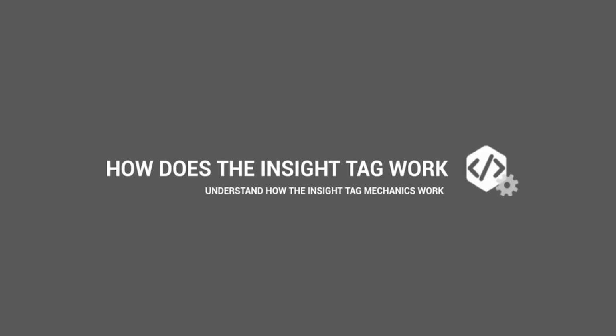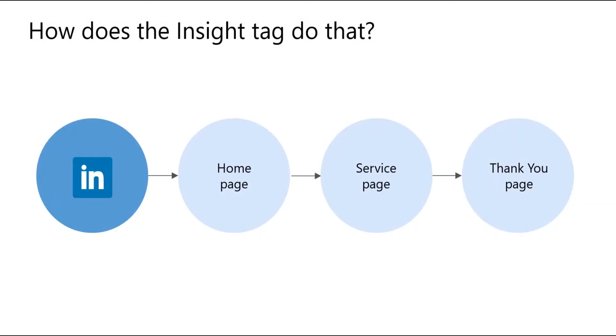So how does the Insight tag actually work? Let's say we have 3 pages on our website: the home page, the service page, and the thank you page, and we advertise our service through LinkedIn.